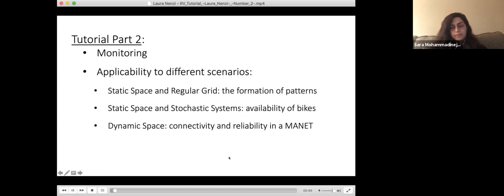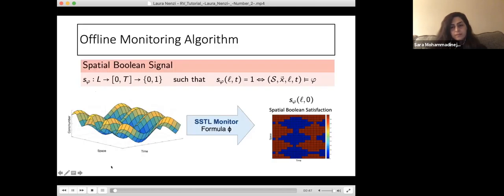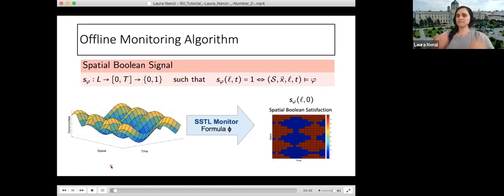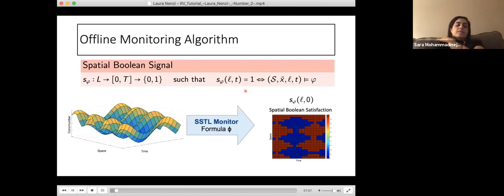Until now, we designed just offline monitoring algorithms, and similarly to STL, STREL has 2 semantics. A Boolean semantics that tells at each location and time step the Boolean satisfaction of the property.